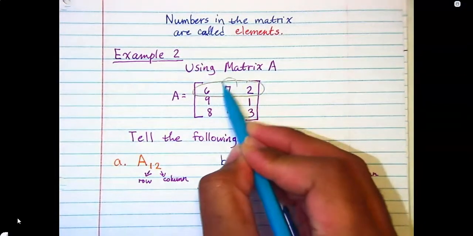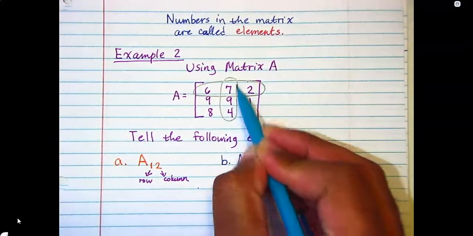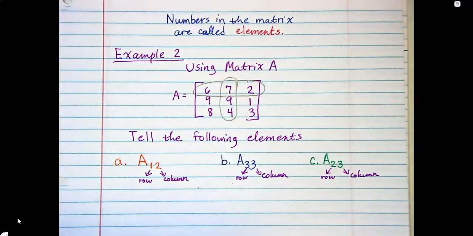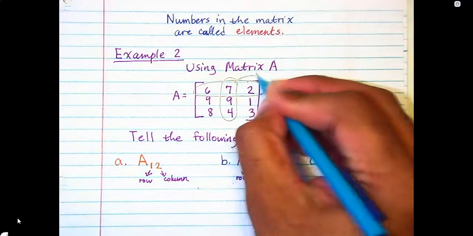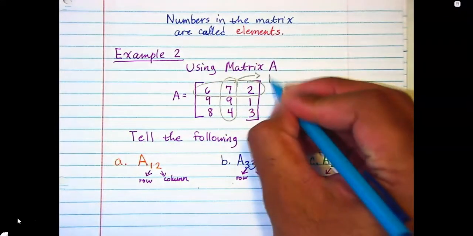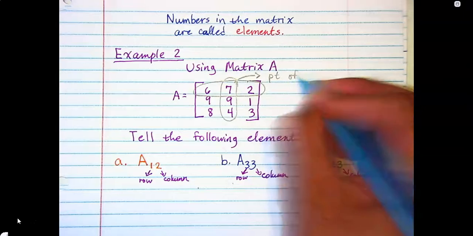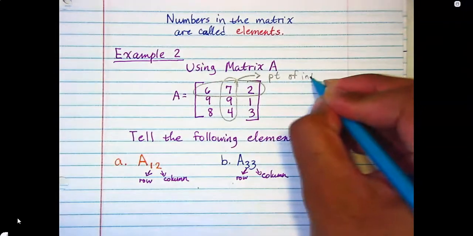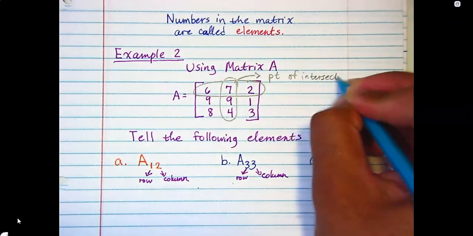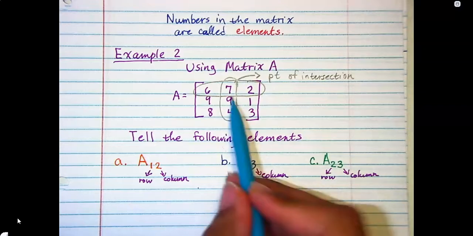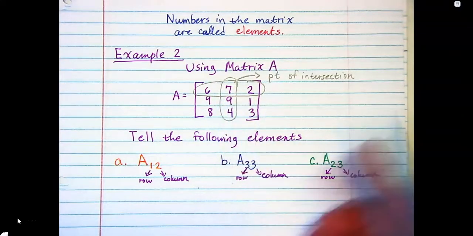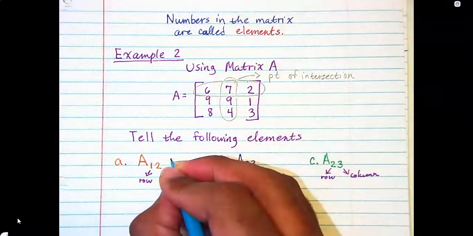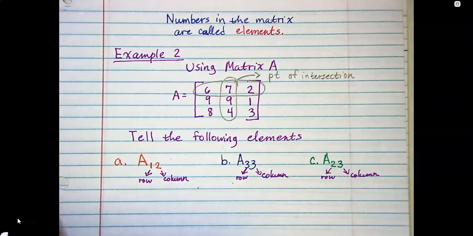Column 2 is right here. Where they intersect, that's where you actually have your answer, your element. The point of intersection. So 7 right there is the point where it intersects. So your element here is 7.